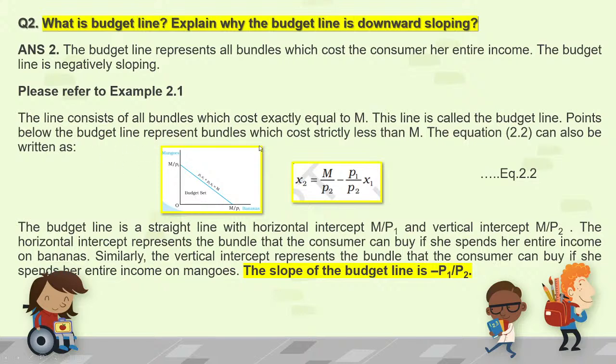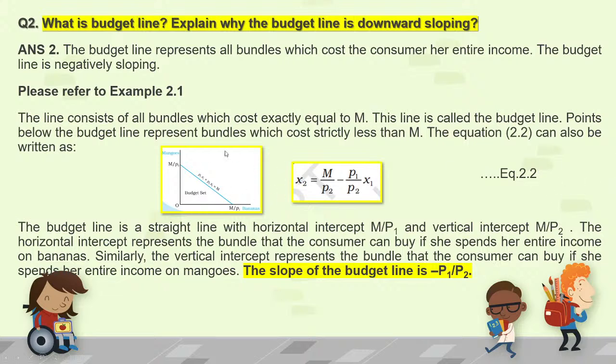Points below the budget line represent bundles which cost strictly less than M. Since the level of income is given, this forms a ceiling here, and whatever sets are formed here, the cost will be less than or equal to M. At this line they will be equal to M, and below this they will be less than M, because above this line is a situation of unaffordability, which is not a feasible or possible situation.